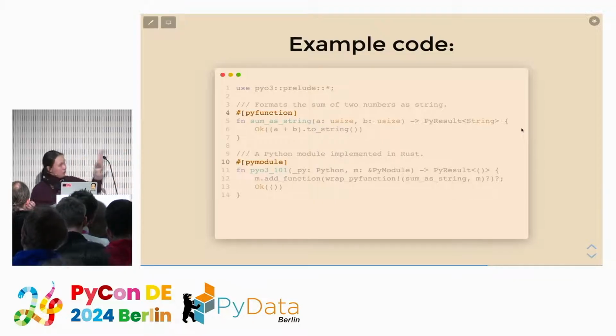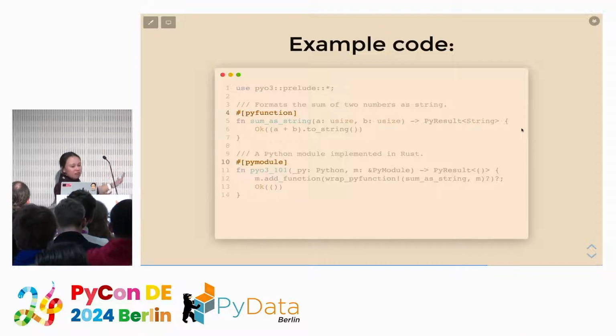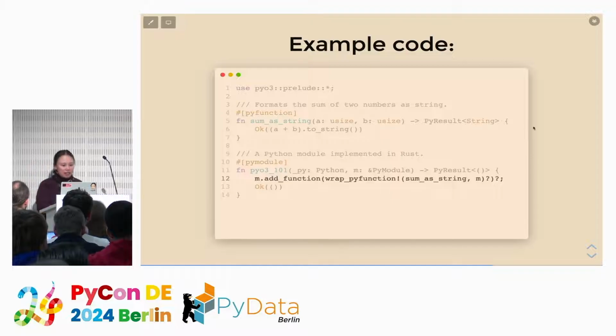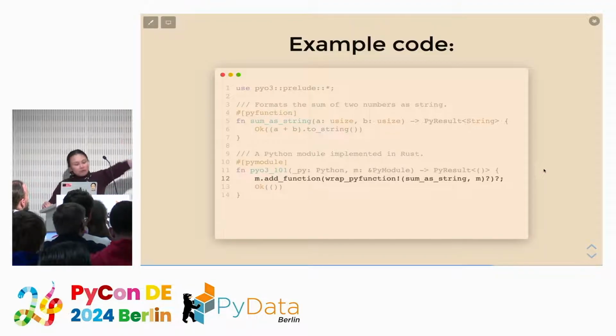But today, everything we write will be a Py function, and after we write it, we'll put it into the PyO3 101 module there. You will see how it works in a bit. Now it sounds a bit mysterious, but it will be clearer when we do things. The next thing you'll see, I highlight this line because there's the wrap_pyfunction exclamation mark there.